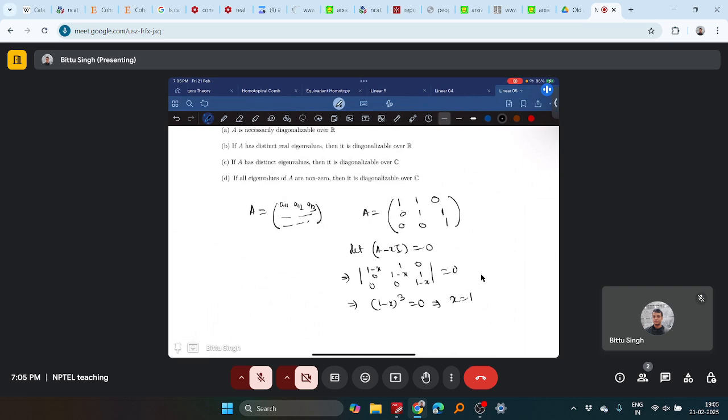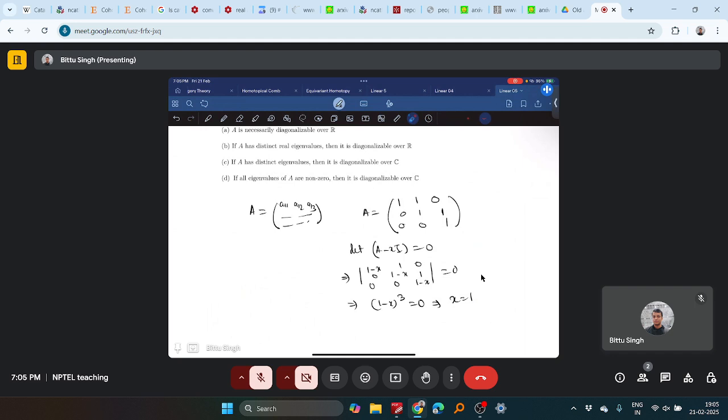If you see an upper triangular or lower triangular matrix, then the eigenvalues are the diagonal entries, right? So here all the diagonal entries are 1. That's why all the eigenvalues are 1. Now, can you see that this A cannot be diagonalizable?